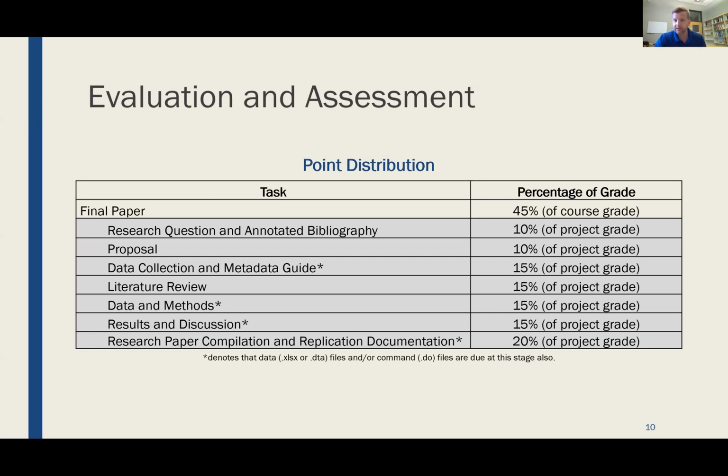I do teach content in here. We're teaching advanced econometric methods in this course. They have other workshops and homeworks, but this project makes up nearly half of their course grade, 45% of the course grade. That 45% is allocated across these 7 different components. The actual final product, the research paper and the final project folder, is only 20% of their grade.